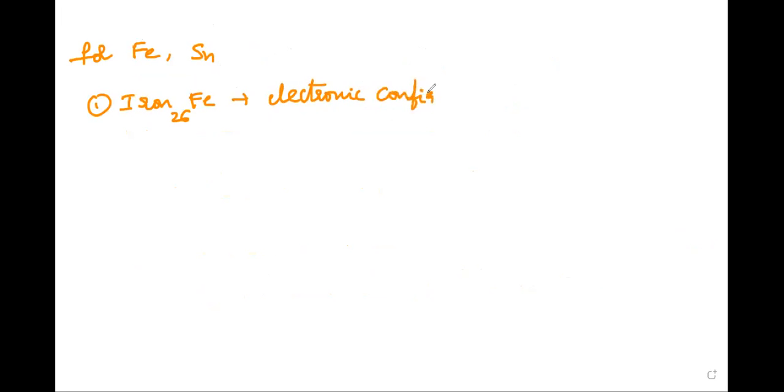So examples of isomer shift for iron, that is Fe, and tin, that is Sn. Iron is Fe 26.